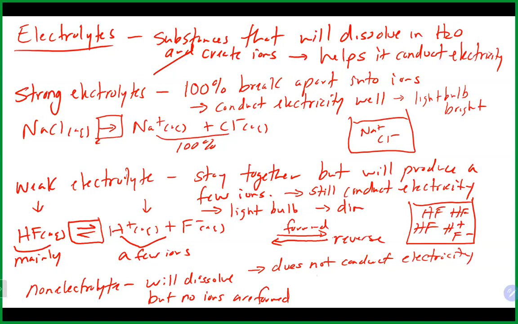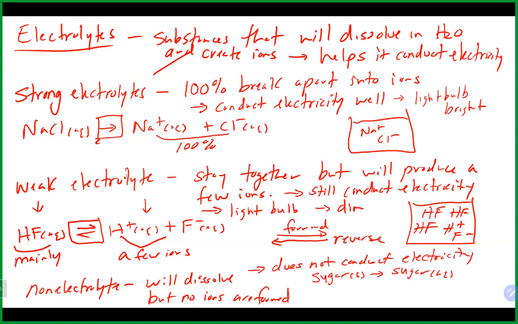And sugar, for example, you take some solid sugar and you dissolve it in some water, you'll get some sugar that dissolves. But sugar is a covalent compound. It's all carbons, hydrogens, and oxygens, like we saw on the other slide. And because of that, there's really no ions. And because of the lack of ions, that is really why it will not conduct electricity. Any questions on that?